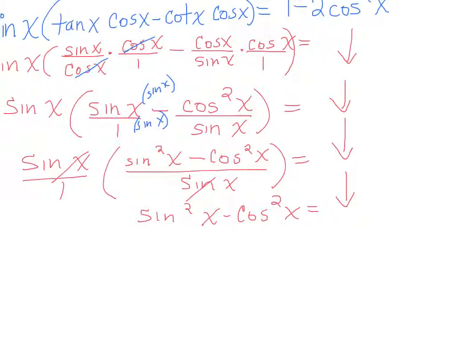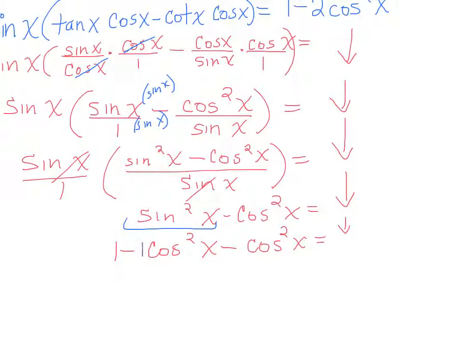So I'm going to use, instead of the sine, this right here. I'm going to rewrite and put that, which is the same thing as 1 minus cosine square of x, and then I just rewrite the rest of the equation. Okay, so we're almost done.